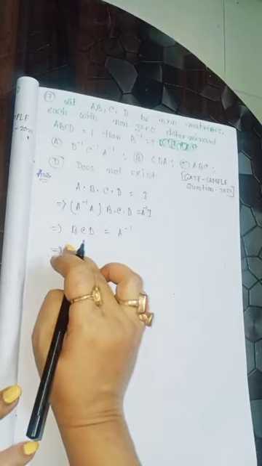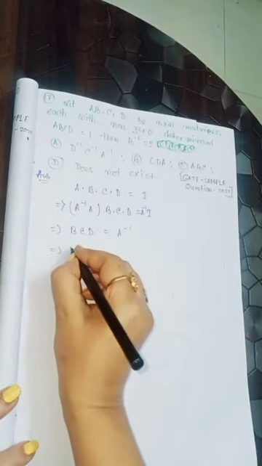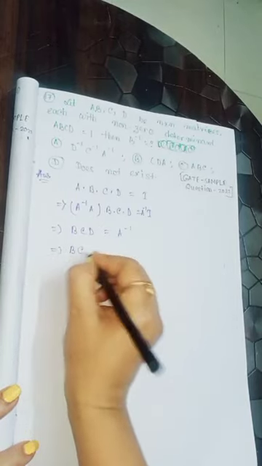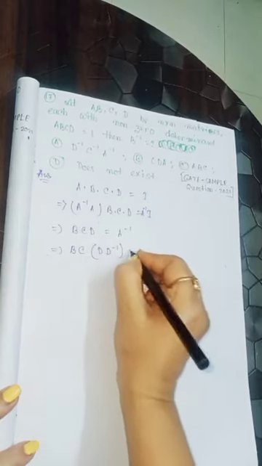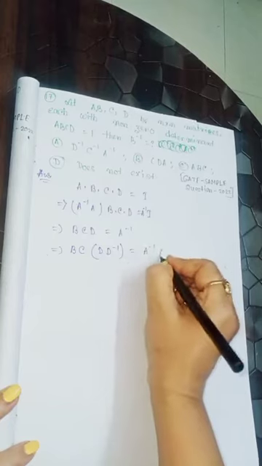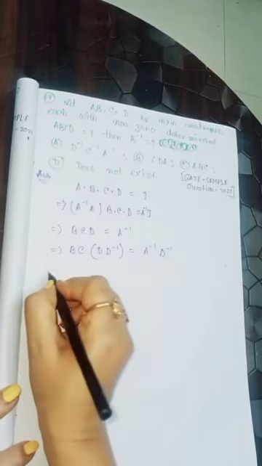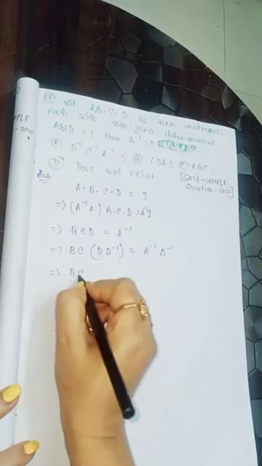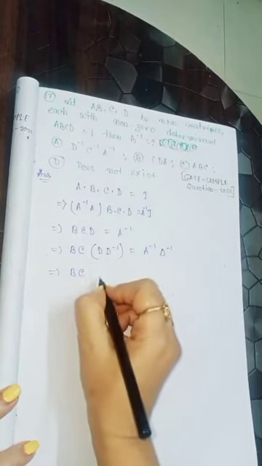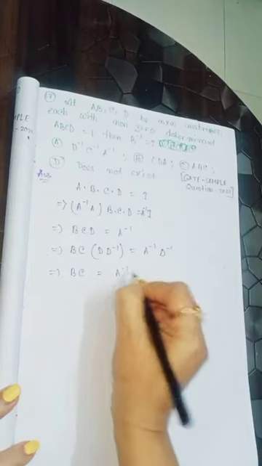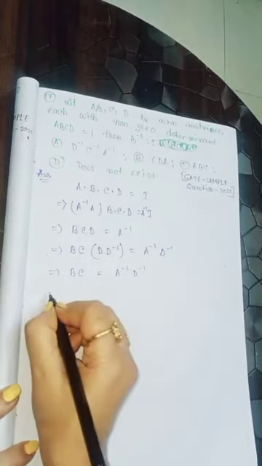Now cancelling D, with D inverse multiplication, so A inverse and D inverse. Now B C, and this one cancelled. So this becomes A inverse D inverse on the right side.